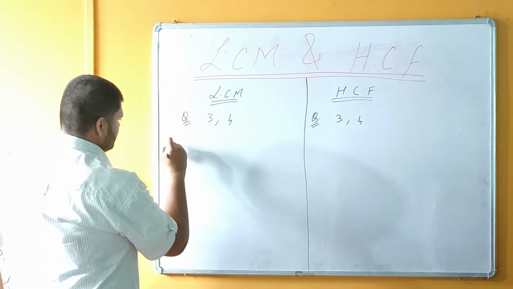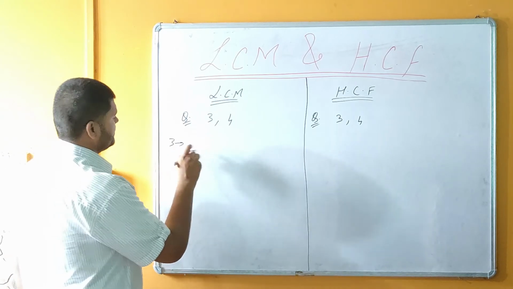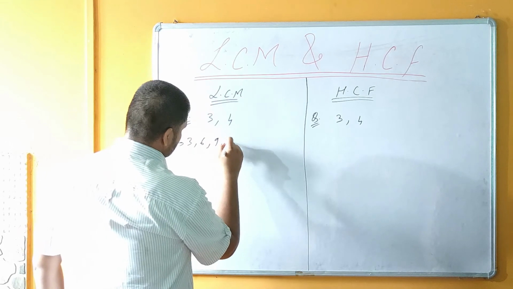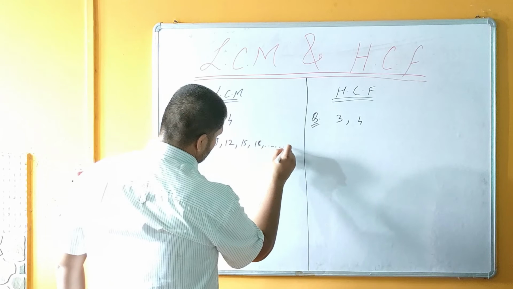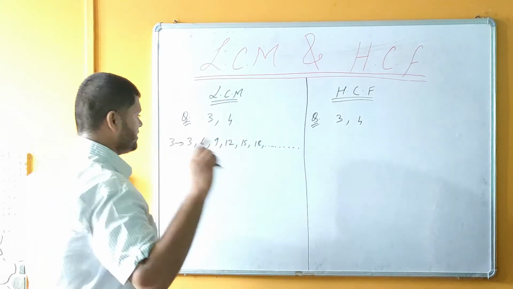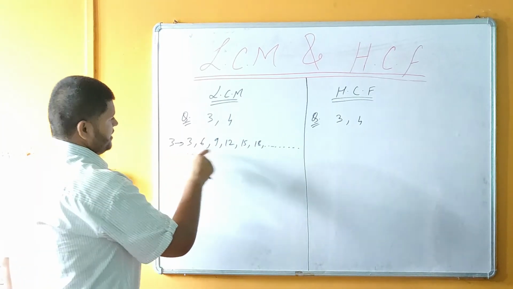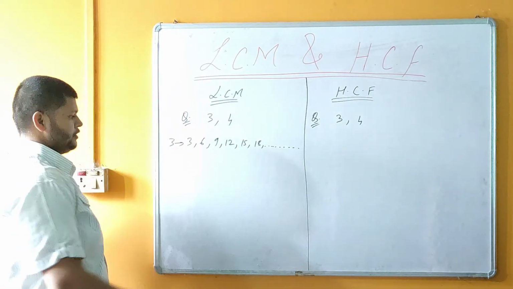So for this 3 I will write what? Multiples of 3. That is 3 1s are 3, 3 2s are 6, 3 3s are 9, 3 4s are 12, 3 5s are 15, 3 6s are 18. It will continue up to infinity, because we have already seen in the notes that the multiples are infinite, so we will denote it with the help of dots.